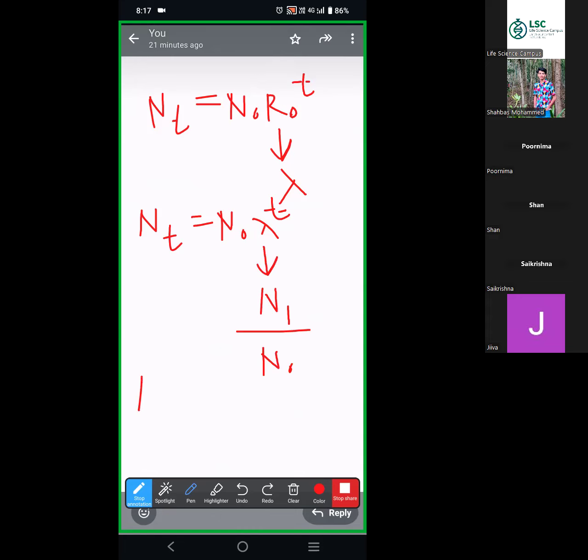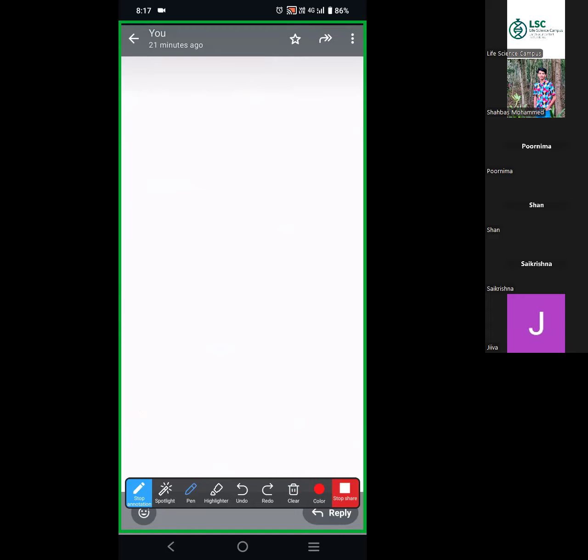That equation was Nt is equal to N0 into lambda raised to t. So that's all about geometric growth.